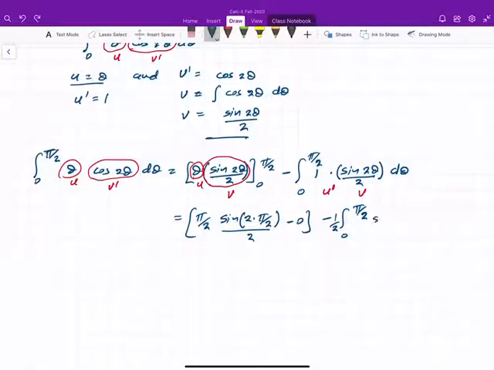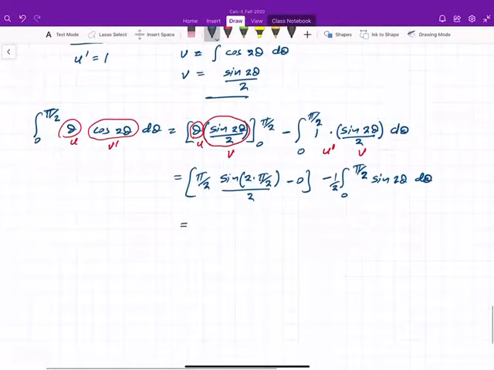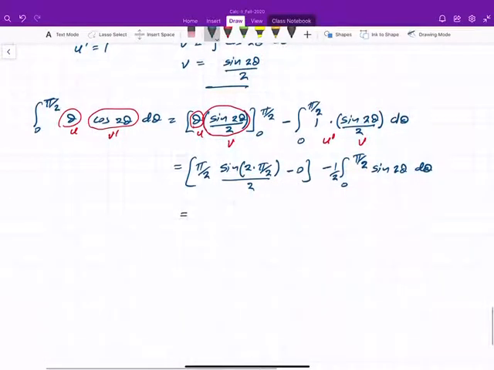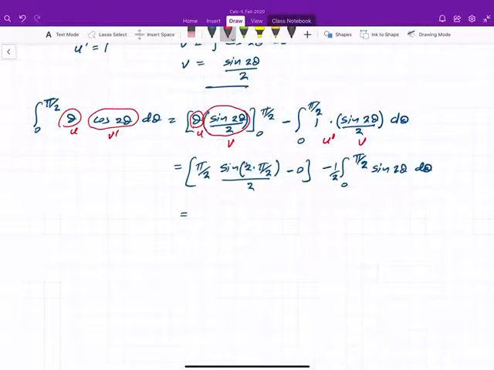Then you write sine 2 theta d theta. Alright, so I'm going to simplify this further. You could cancel this 2 with that. Sine pi is 0. You know sine pi is 0, so the entire thing is 0 here, minus 0.